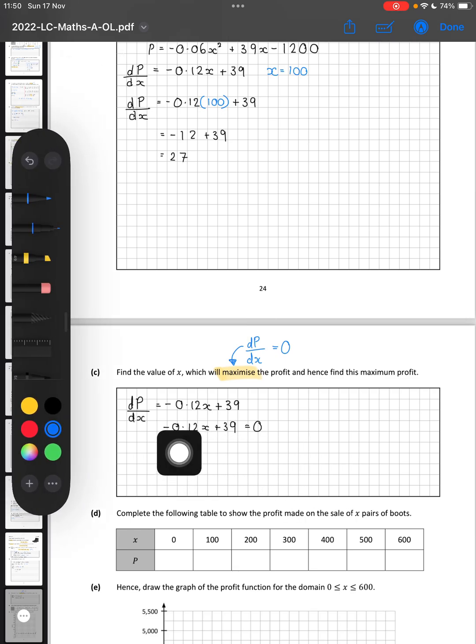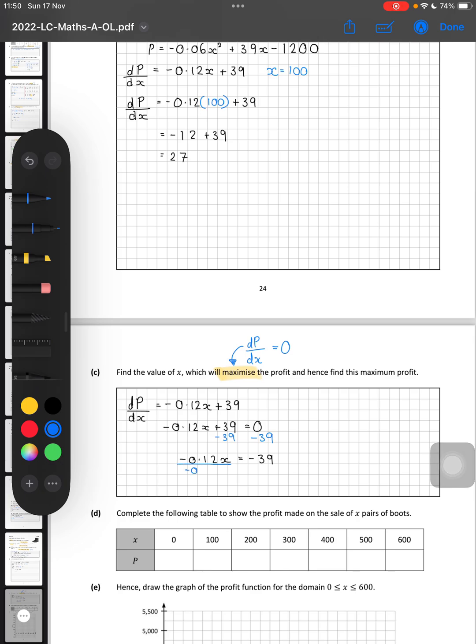So I need to get x on a side by itself. So we can move this 39 over, so minus 39 from both sides, and I will get minus 0.12x is equal to minus 39. And now I need to get rid of what's multiplying the x, and I get rid of that by dividing.